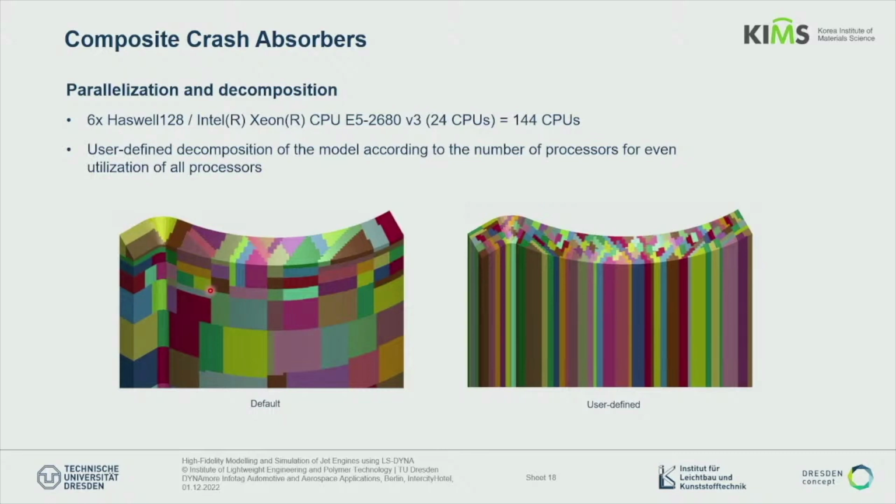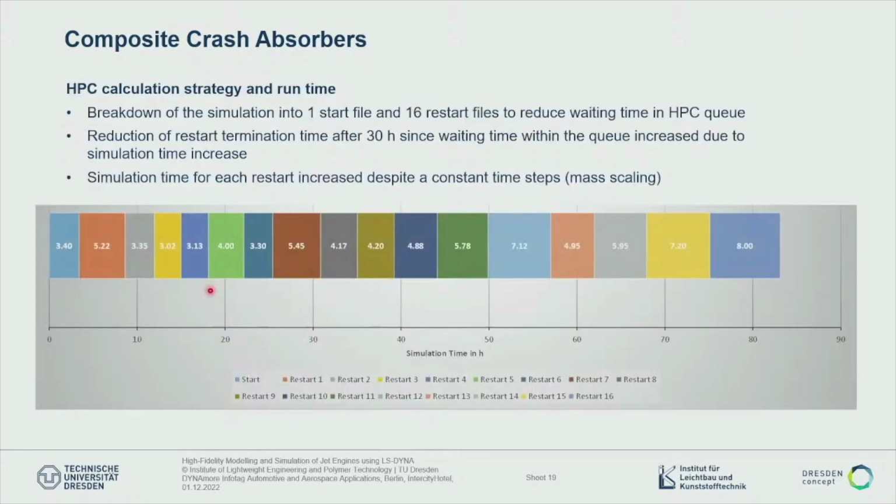And we did the simulation with 144 CPUs in this case. And another, maybe a little cheat code, I would call it: when we use our HPC capabilities at the university, there's a queue where you need to wait to use the cluster.